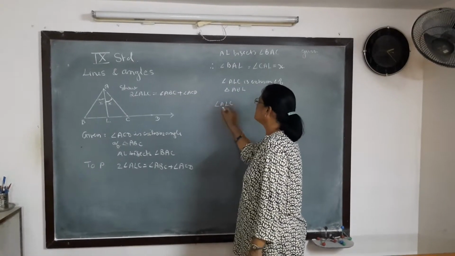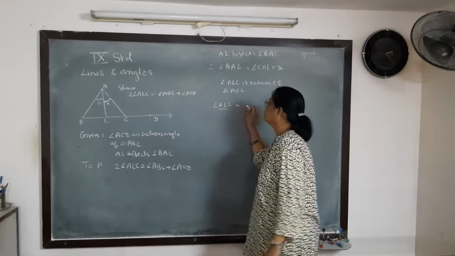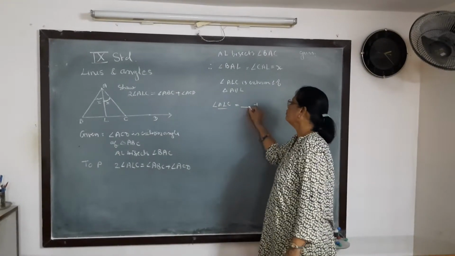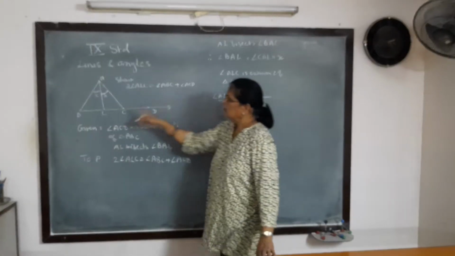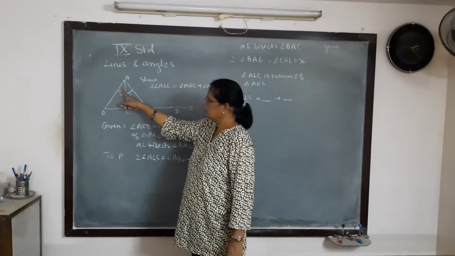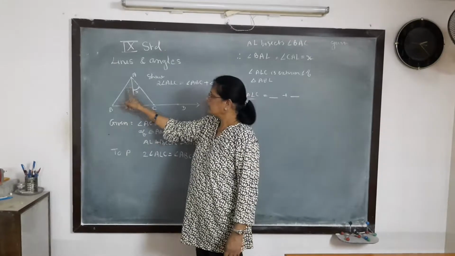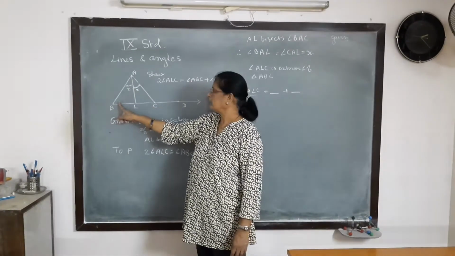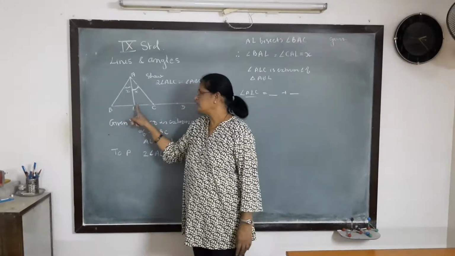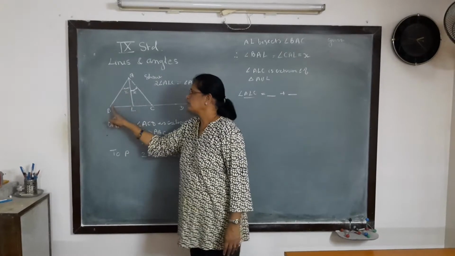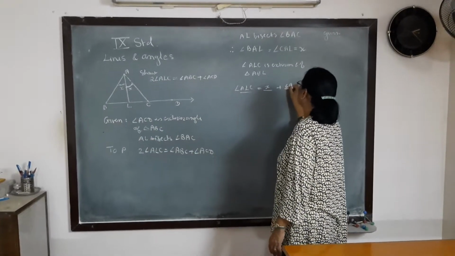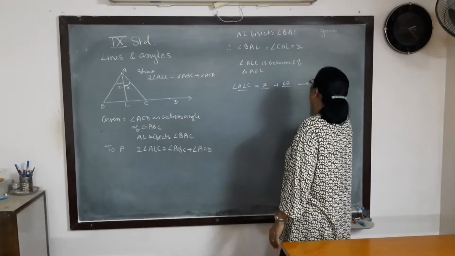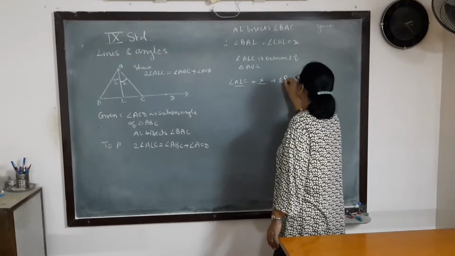That the measure of this exterior angle is equal to the sum of its remote interior angles. The remote interior angles of ALC are this x and this angle B. So ALC is equal to x plus angle B. This is number 1.